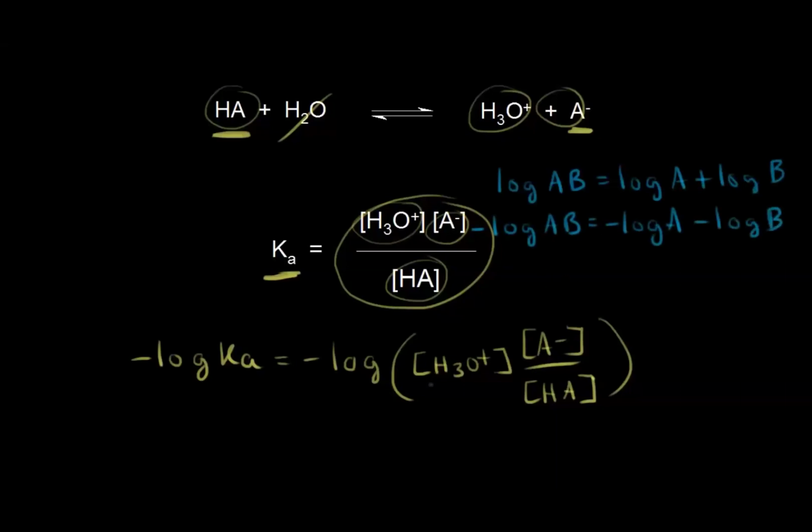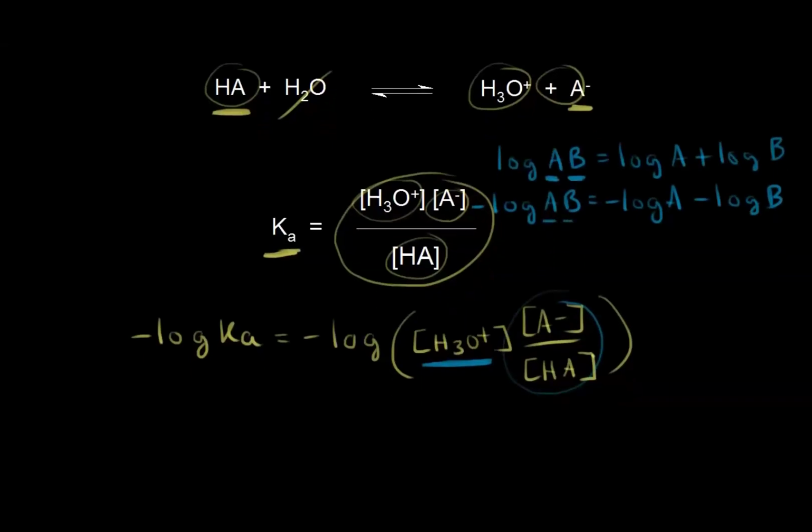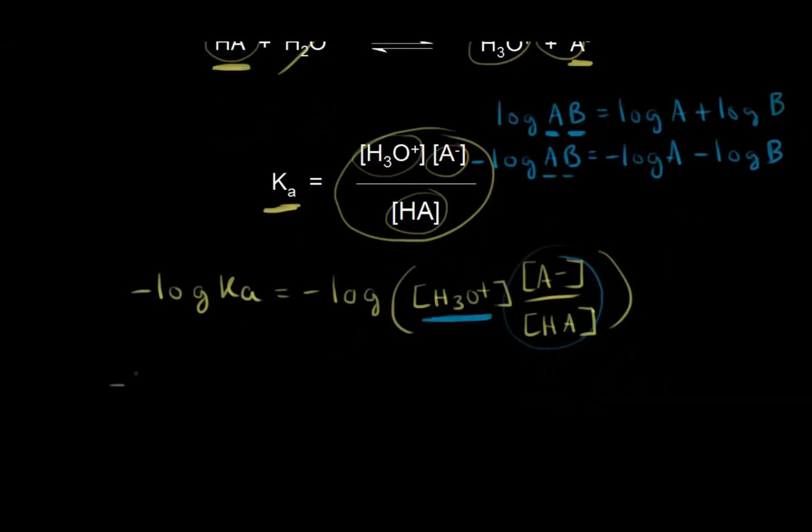And in this case, the concentration of H3O plus would be A, and then this over here would be B. So let's think about what that would give us now. Let's get some more space and think about our log property. On the left side, we have negative log of Ka.